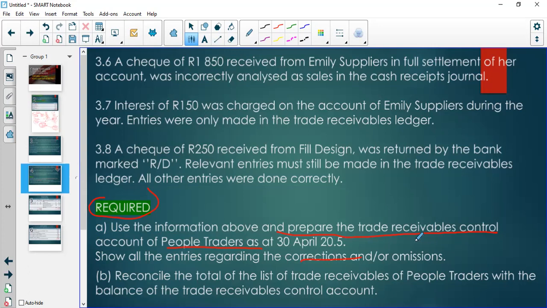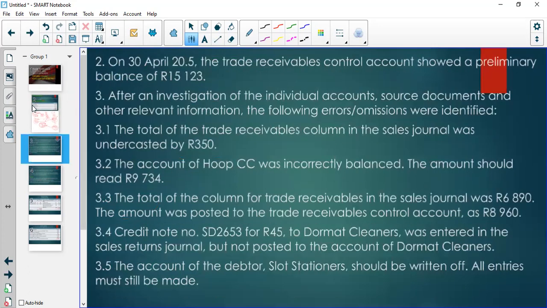So let's go through each and every one of these to see whether we need to, because there are two operations we need to do. The first operation is to prepare a correct trade receivables control. And the trade receivables control is going to be affected by the entries you make in the sales journal, right? Sales returns journal, as well as the cash receipts journal when the people are paying.